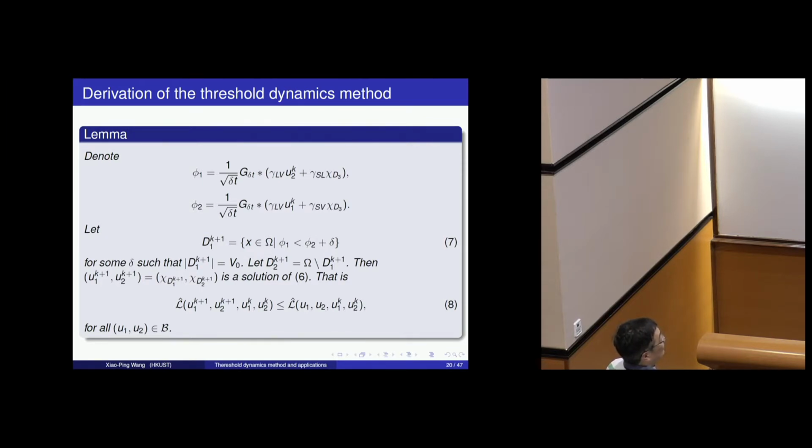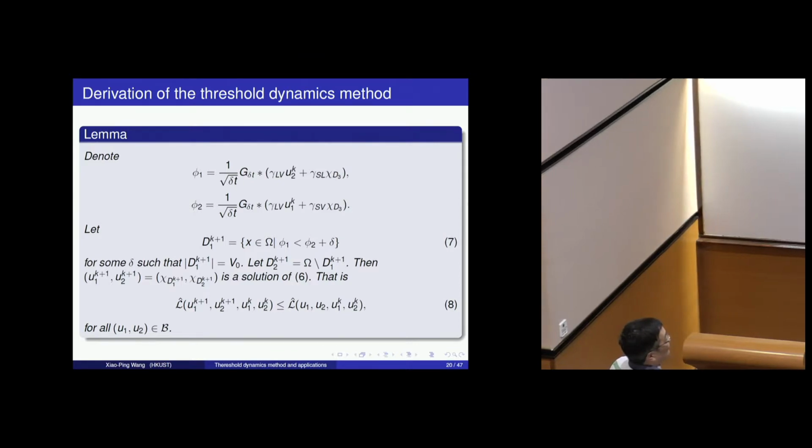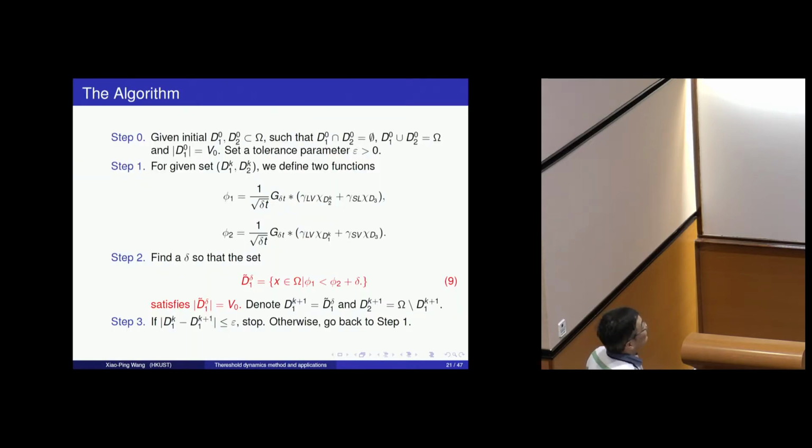In each step, it's again a convolution with characteristic functions, followed by thresholding. Of course, it's a volume preserving thresholding. And you can show that, first of all, the minimum is attained by the characteristic functions.